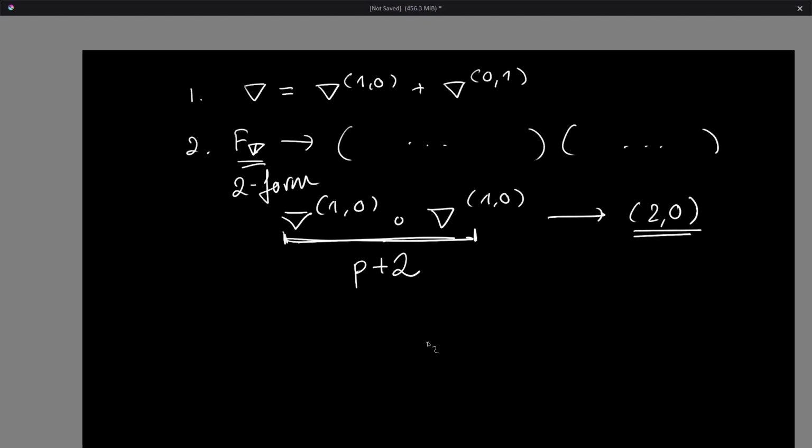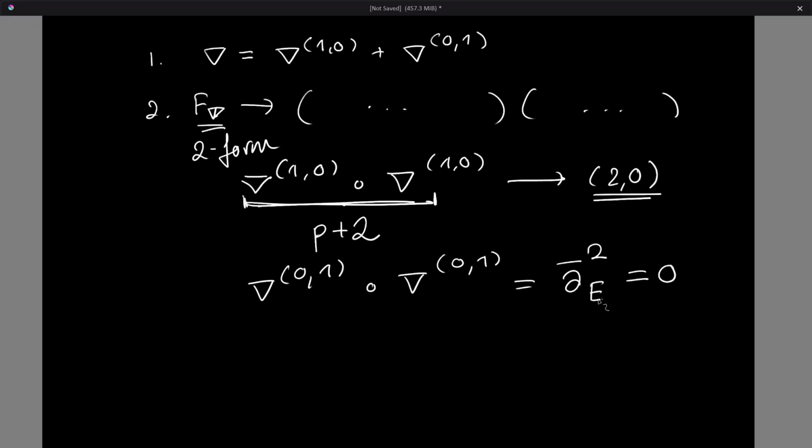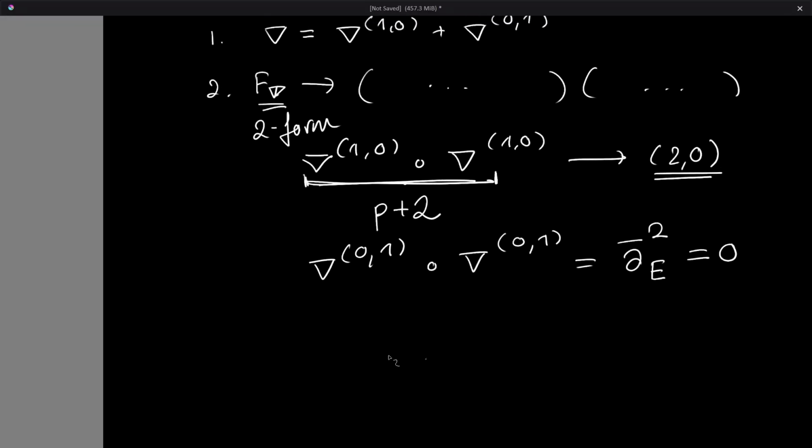And then the same thing that we did for the other ones, and then we said that this part was 0 because it was equal to the bar partial operator and bar partial square operator, which is equal to 0, right? And then the last part gave us the 1,1 form, and we didn't have to touch that because we're not saying anything about the 1,1 part.